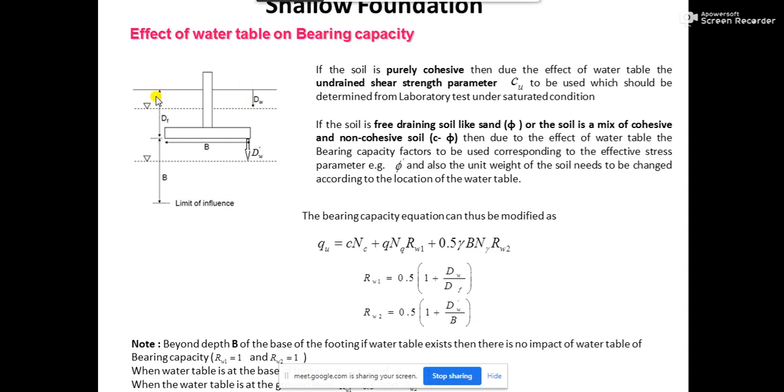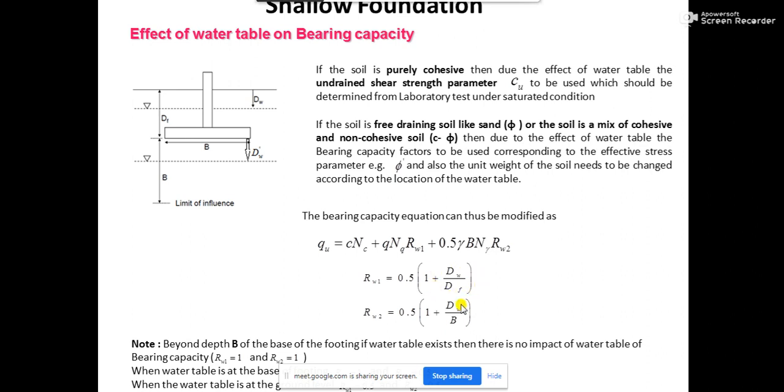Is it clear? So when the water table rises above the base of the footing, we are introducing another interpolation function, which is RW1. This gamma will now be reduced by RW1, which is given as RW1 equal to 0.5. Please observe very carefully.